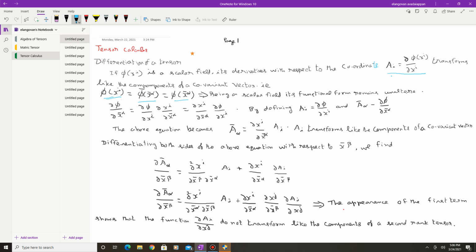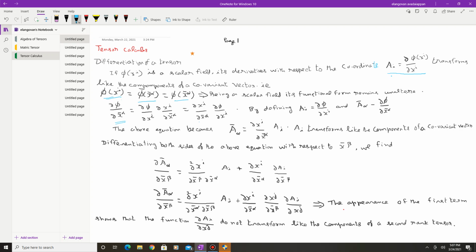Now let us differentiate phi with respect to x alpha bar, partial d phi by dx alpha bar. So this is equal to d phi by dxi into dxi by dx alpha bar. You can interchange this one.